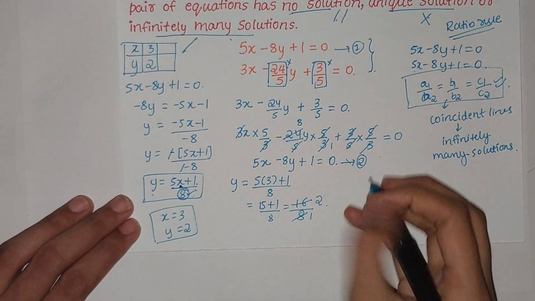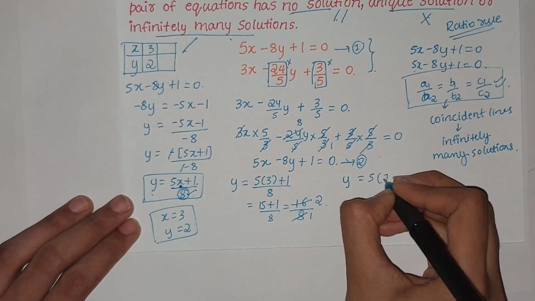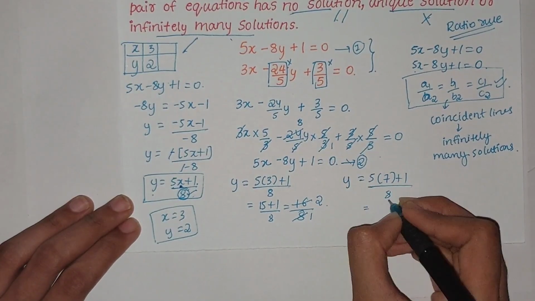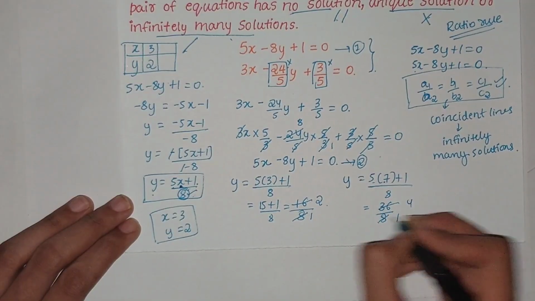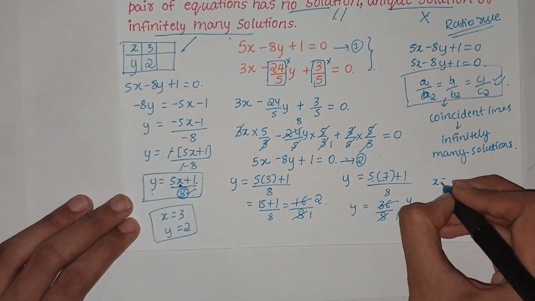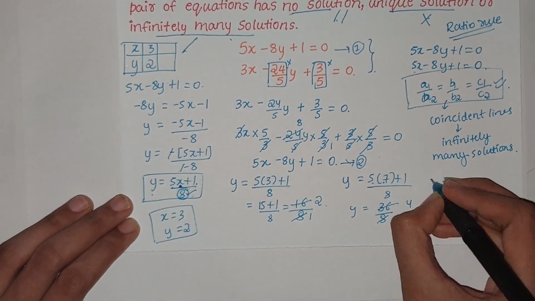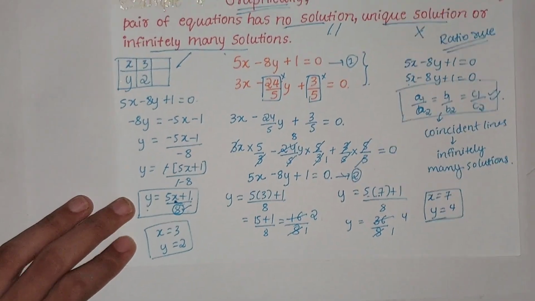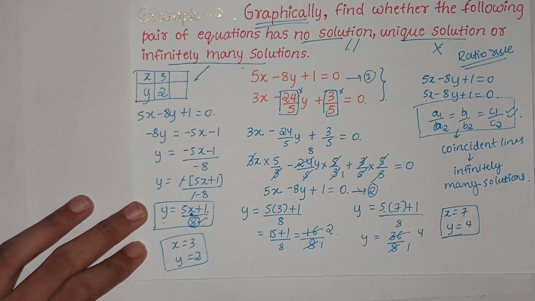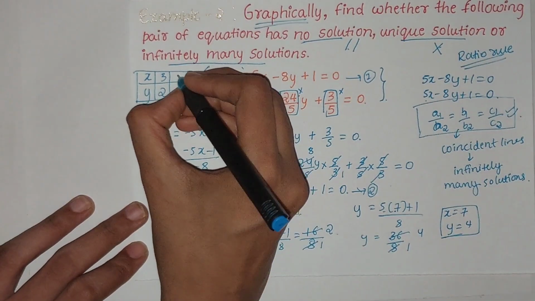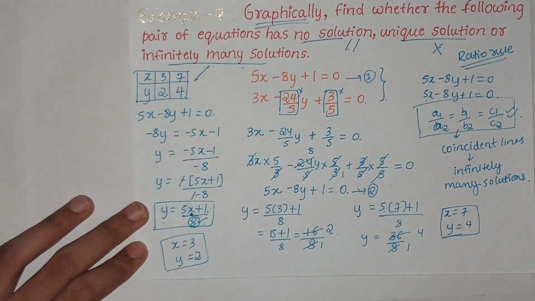When I put 5 into 7 plus 1 by 8, I got 5 7s are 35 plus 1 is 36 by 8. 8 1s are 8, 4s are 36. So when I put x is equal to 7, I got y is equal to 4. So this is how you should do. If you're not getting integers, move on. Now x is my 7 and y is my 4.